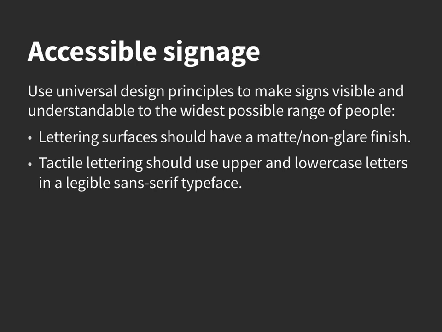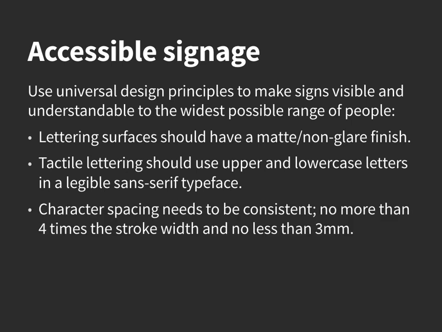So this is different throughout the world. I think in the United States they specify it should be all uppercase, but at least here in Canada it's upper and lowercase. And that character spacing needs to be consistent, so no more than 4 times the stroke width and no less than 3 millimeters.